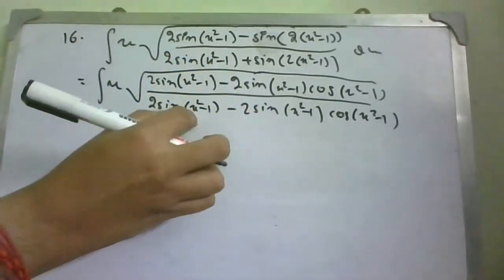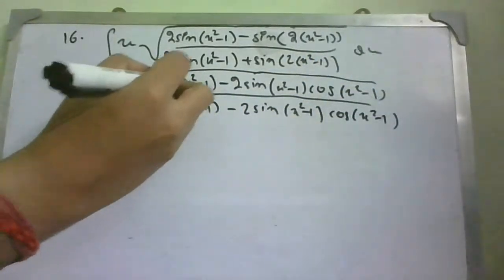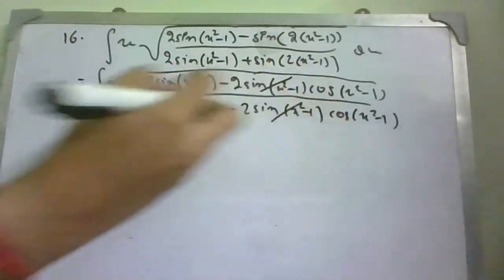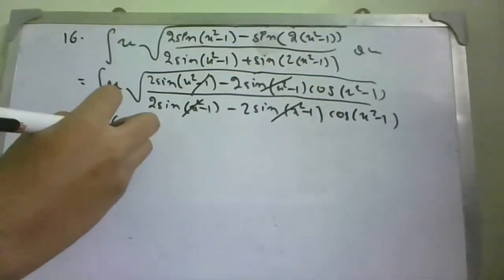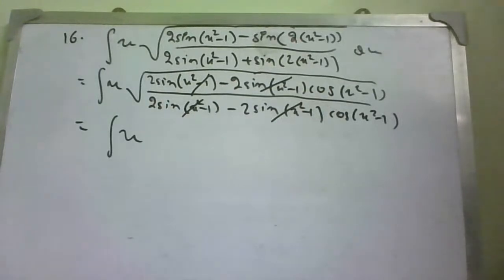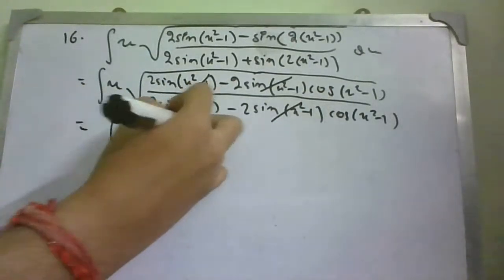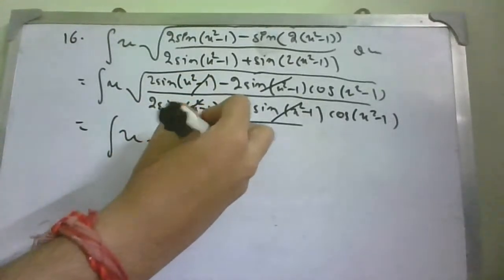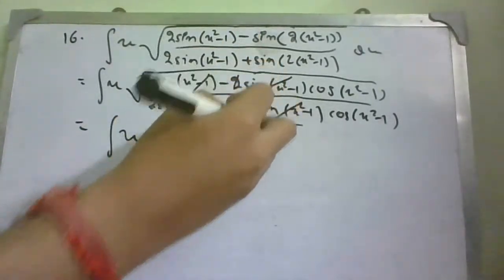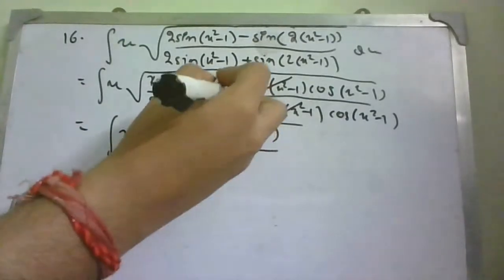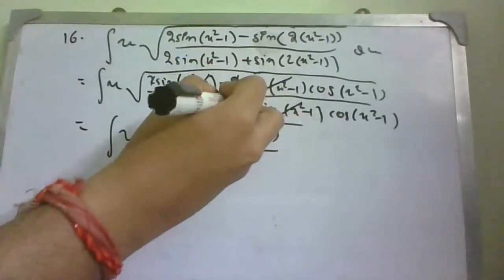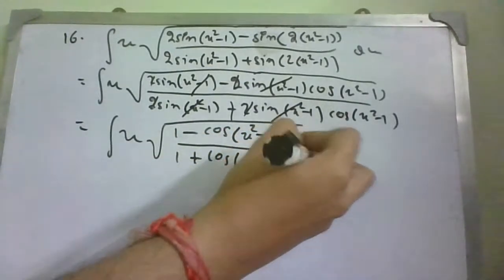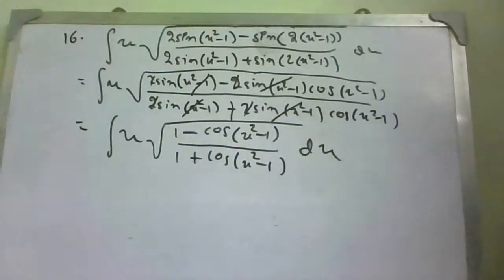So we can see that we can cancel all the sine of x square minus 1 from the numerator and denominator. So what are we left with? x times 1 minus cos of x square minus 1 over 1 plus cos of x square minus 1, since it's a plus sign in the denominator, dx.